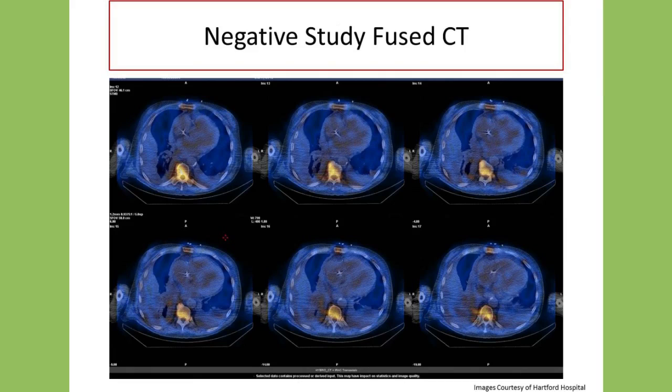Looking at this in a bigger image, when we look at the fused images, you can see where the myocardium falls based on the CT data, and that we see no discernible PYP activity in the myocardium itself.